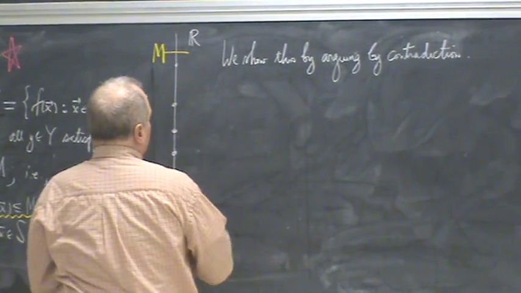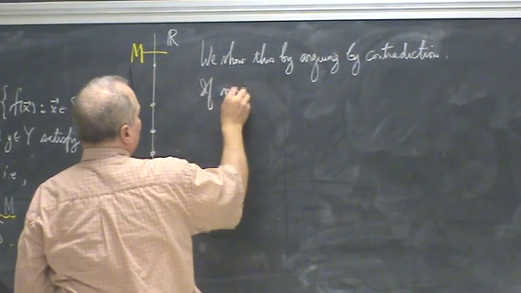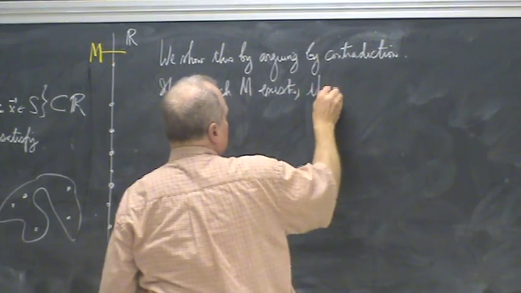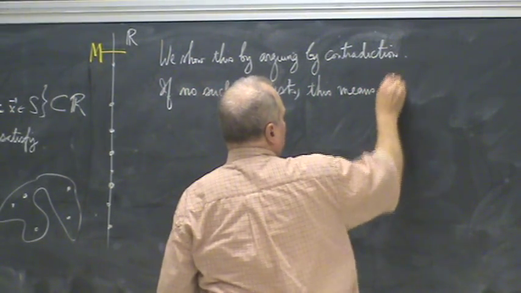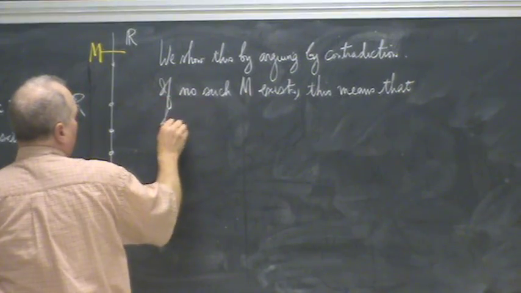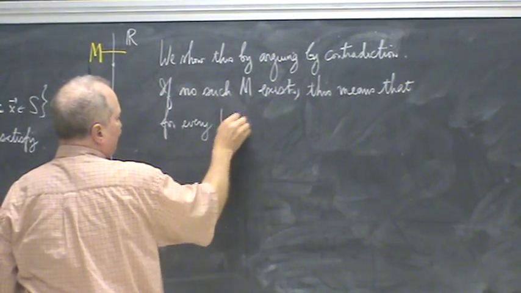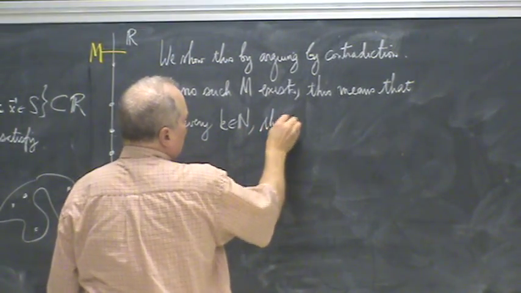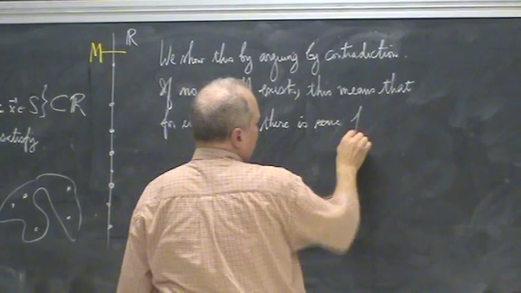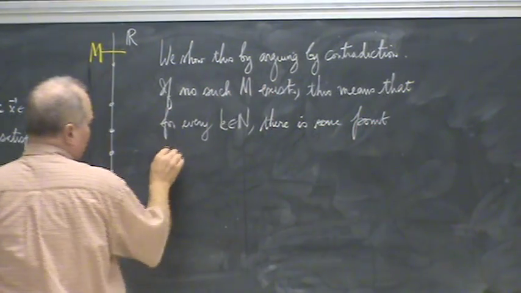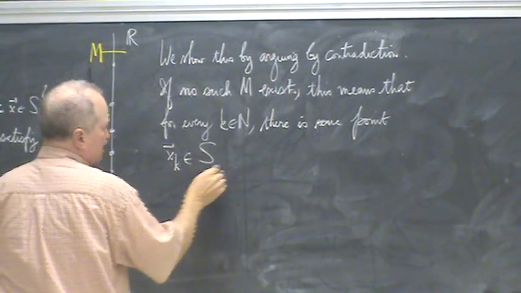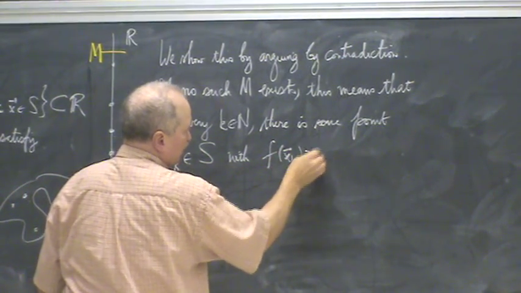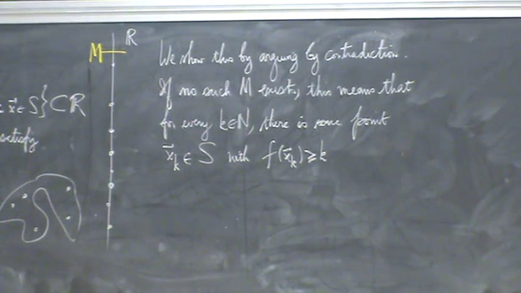So if there is no such M, this means that for every positive integer k, there is some point x sub k in S with the value of the function at x_k bigger than or equal to k.